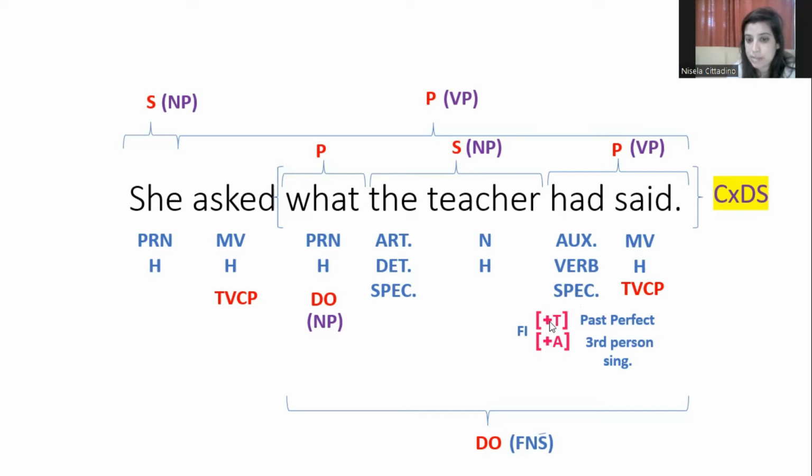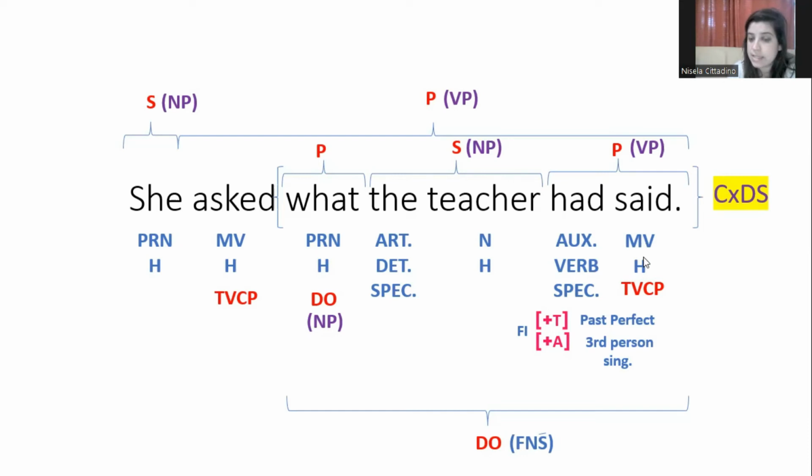Notice that it is a plus tense, which makes reference to the tense of this auxiliary verb. It is the past perfect, had. And the agreement, that is to say the relationship with the person, with the subject of the clause in this case, is the third person singular because the teacher can be he or she.